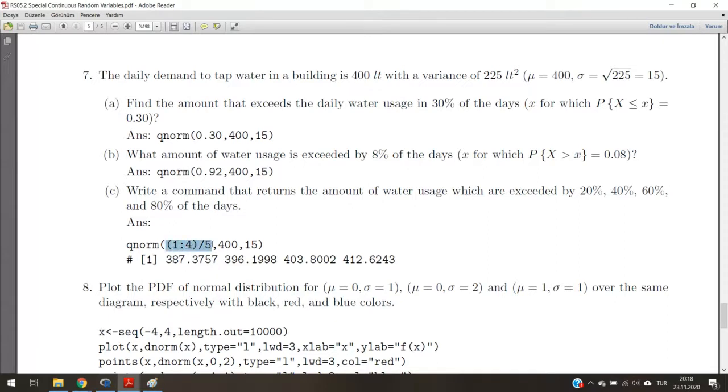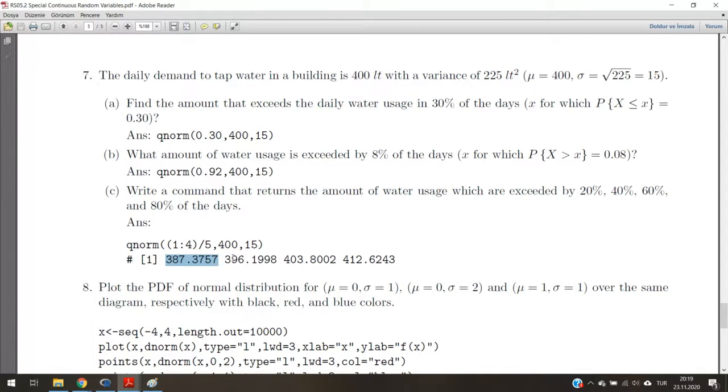So this time we are going to use the Q norm function, but in the first argument, instead of writing a single probability, we are writing 4 different probabilities, and this can be calculated by simple vector calculation here. And you see, according to the answer here, in 20% of the days, the daily water usage in this building is less than 387 liters approximately.